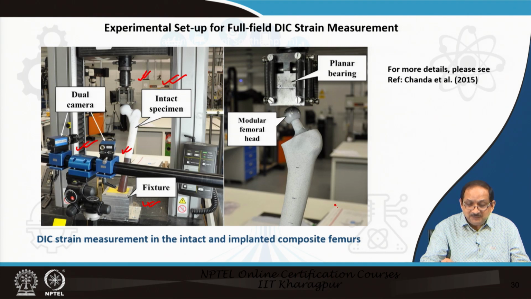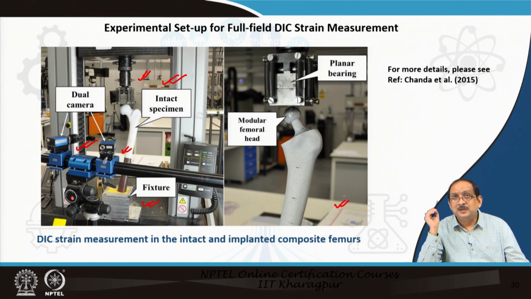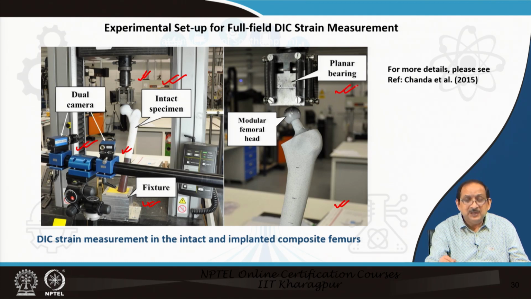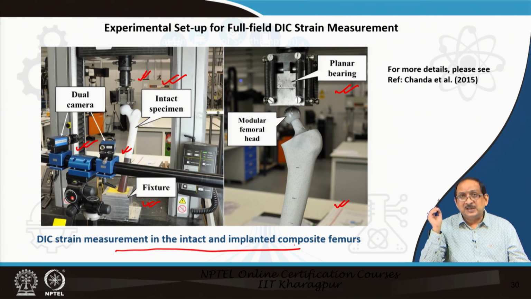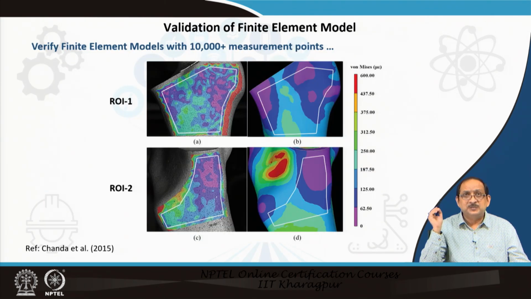On the right, we have the implanted femur with the load application mechanism containing the planar bearings. So, this is the DIC strain measurement setup for the intact and implanted composite femurs.